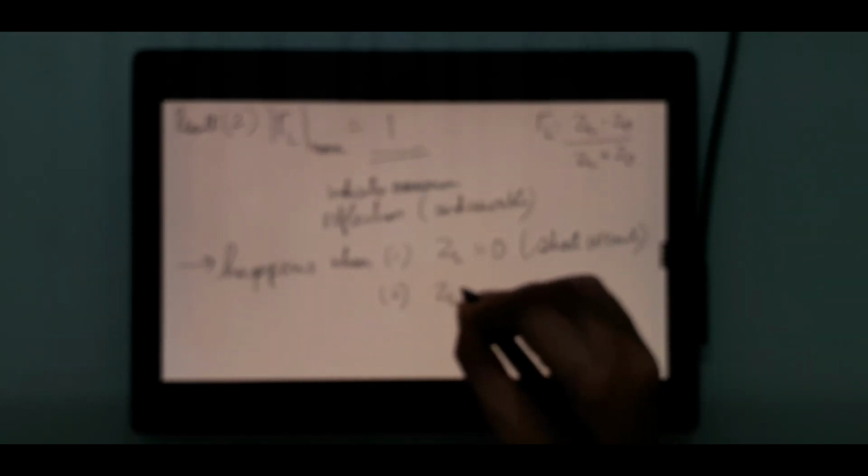And this is what we call a short circuit. So a short circuit is not just bad from electrical safety standards, but it can also cause reflections in transmission lines. The second case, when mod gamma L can tend to 1, is when ZL tends to infinity. And this is what we call an open circuit.